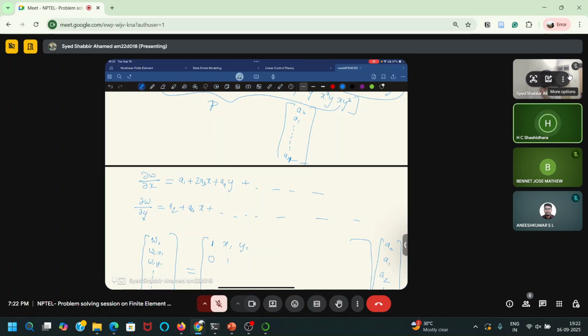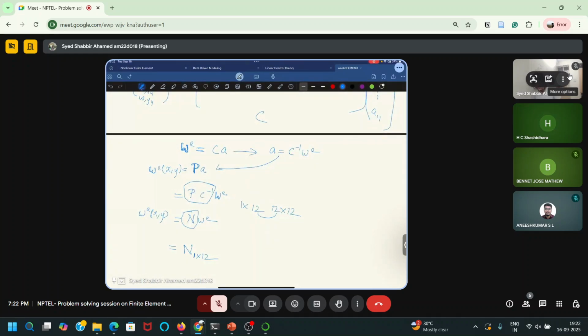Okay, so this is a better approach, P C inverse. Yeah, I think we can do isoparametric. These things are also given in the textbook, so you can do it.